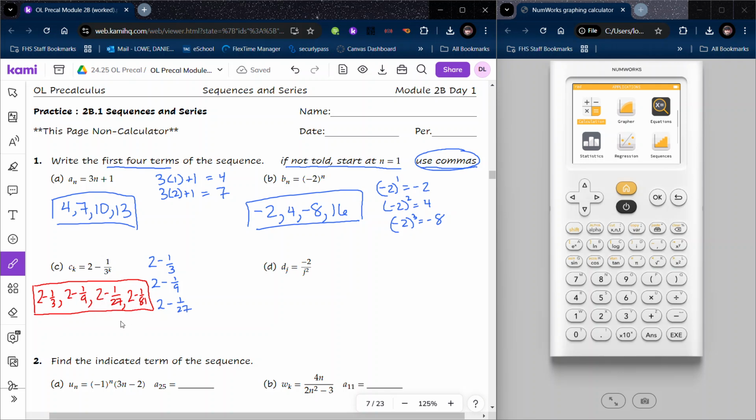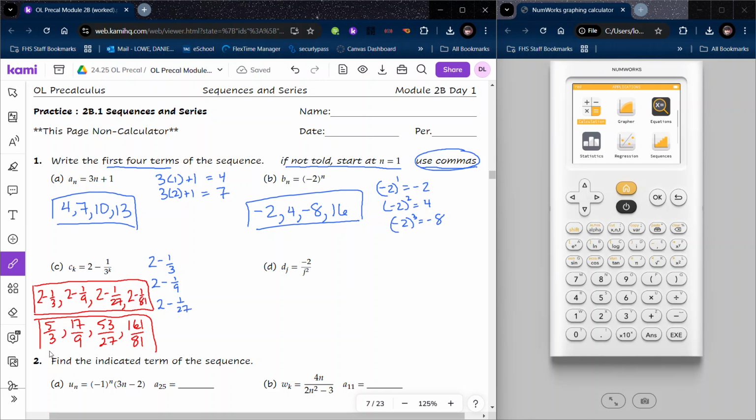write my mixed number as a proper fraction, I could say, well, 2 is really just 6 over 3, so that's going to be 5 over 3. 2 is really just 18 over 9, so that'll be 17 over 9. 2 is just 54 over 27, so that would be 53 over 27. 81 times 2 is 162, so minus 1 would be 161 over 81.